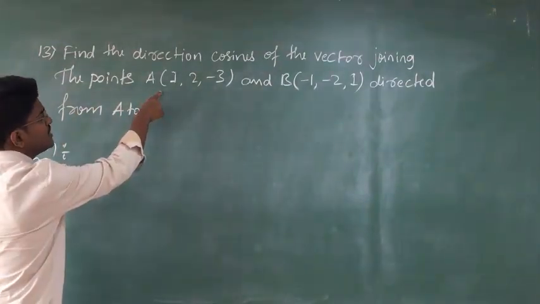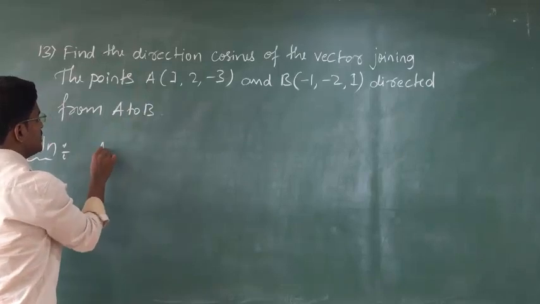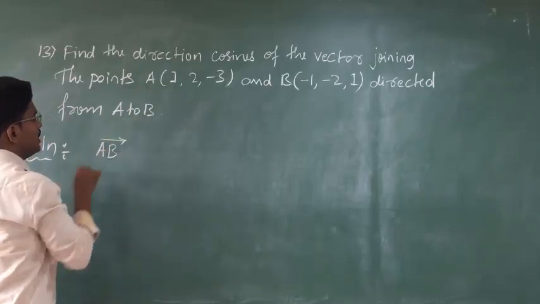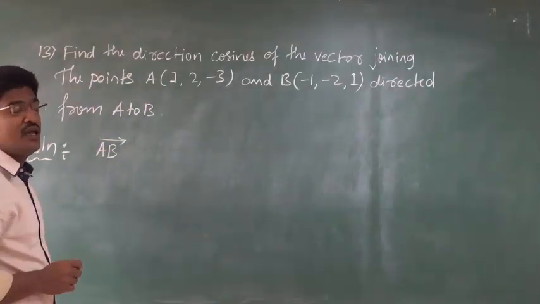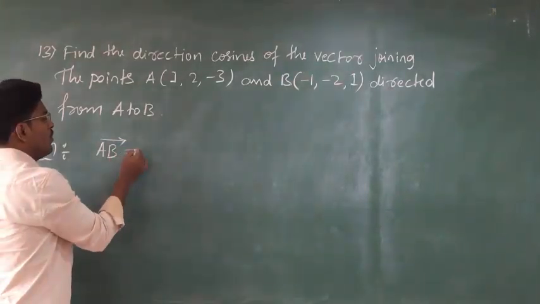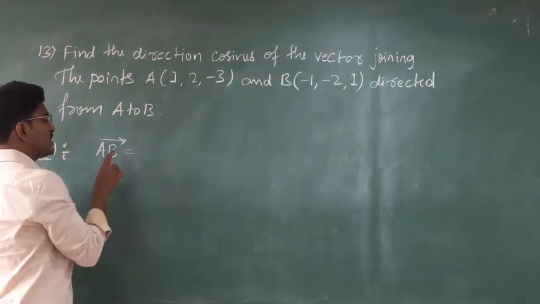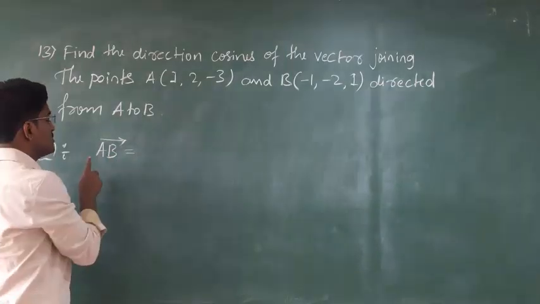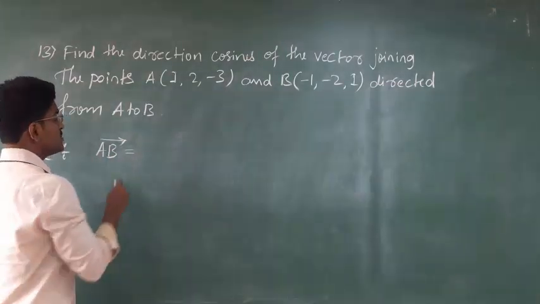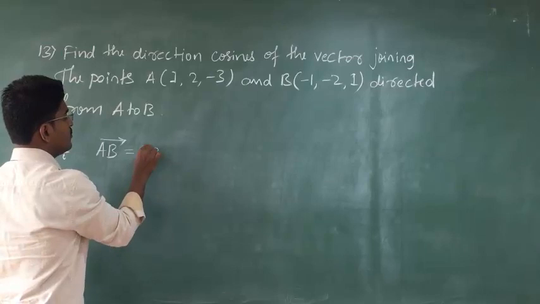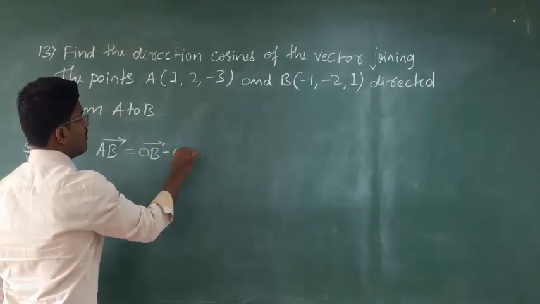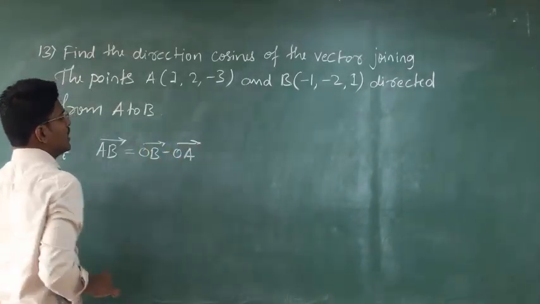So from 2 points, first we shall write vector AB. If you want to write vector AB, as you all know, the formula is position vector of the second point minus position vector of the first point. That is vector OB minus vector OA.